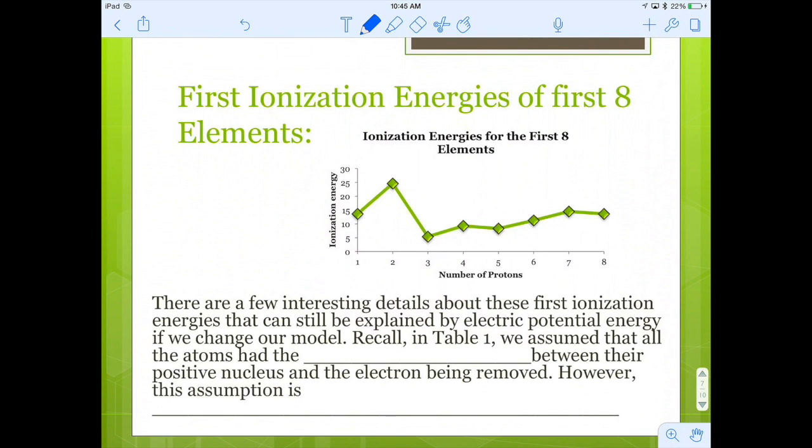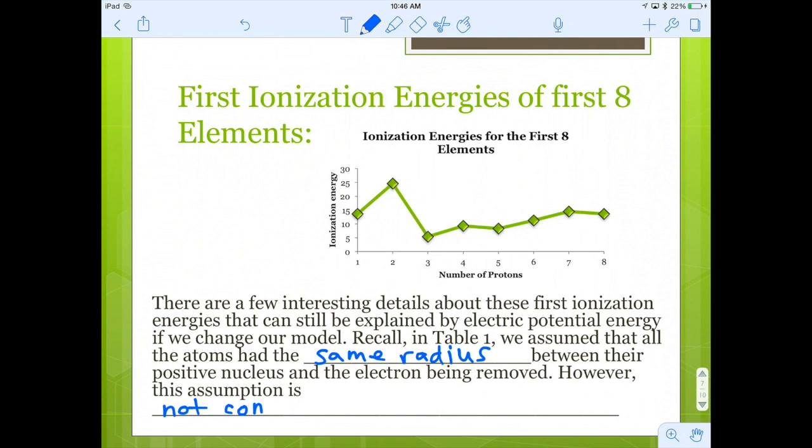There are a few interesting details about these first ionization energies that can still be explained by talking about electrical potential energy, if we change our model. Recall in our table that we assumed that all the atoms had the same radius between their positive nucleus and the electron being removed. However, this assumption is, well, it's just not consistent with the data.